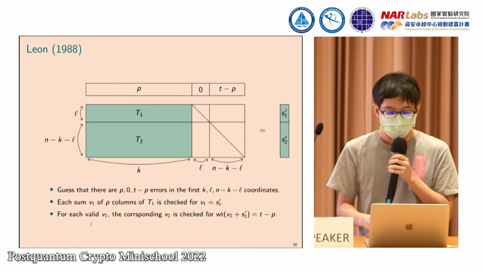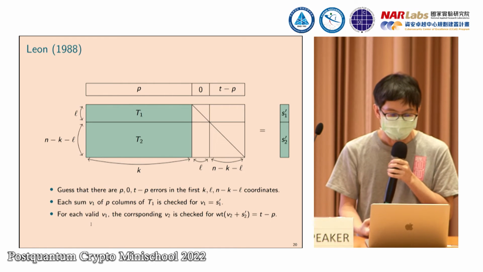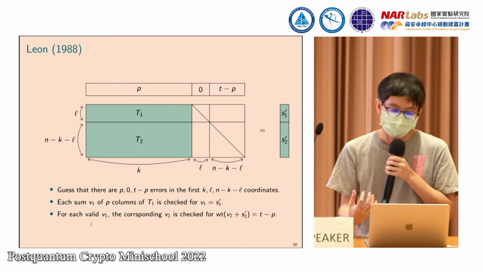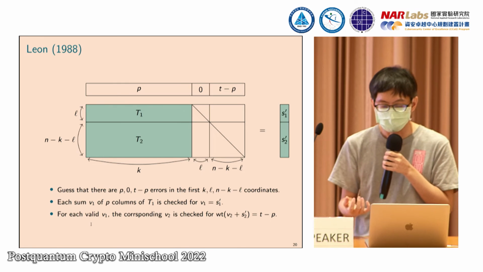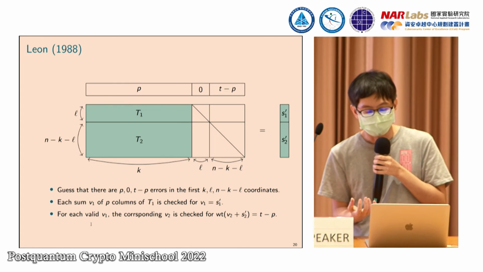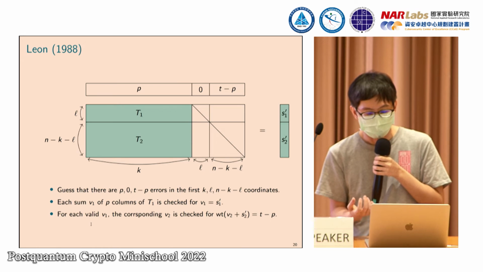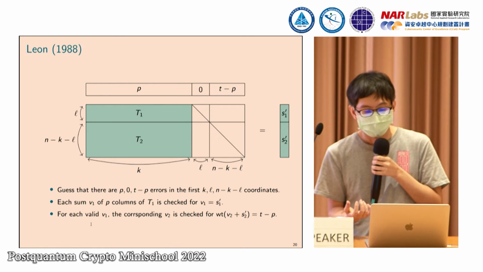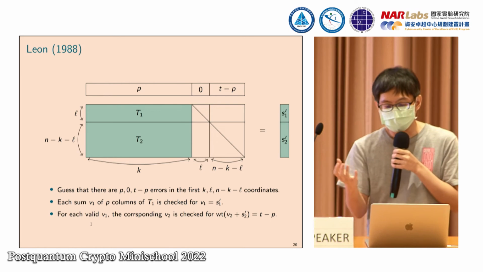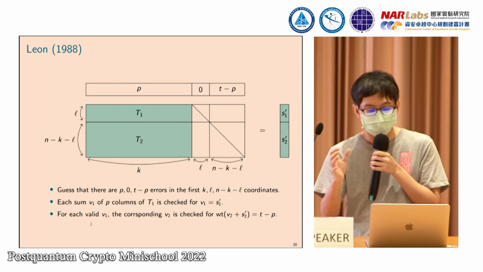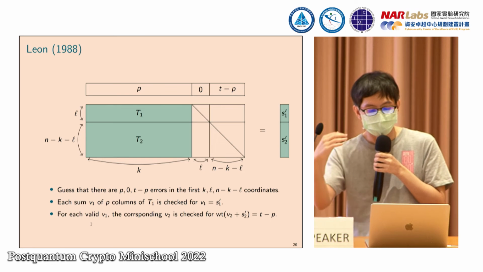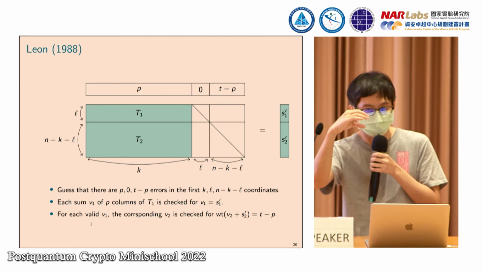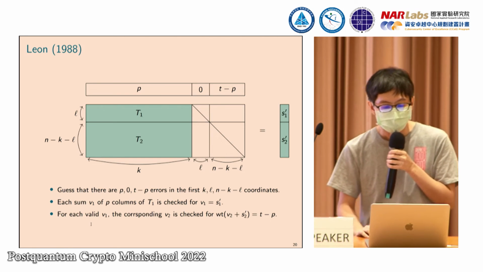And then we have a slightly more complicated variant, Leon. So I think the main idea in Leon is that Leon wants to make use of early aborts. So the concept is that you don't really do the check for all the rows of the instance. You first try to find solutions for the first row block.